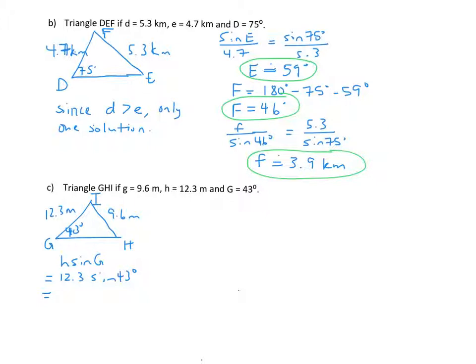That gives me 8.4 approximately. So it's definitely long enough to make a triangle, so we're going to have two triangles here. So since H sine G is smaller than side G, which is smaller than side H, there are two solutions.